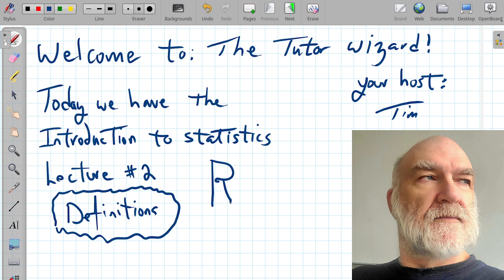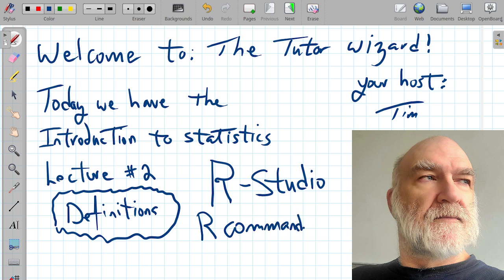Most of the time, they suggest either R Studio, which is a bit more user-friendly, but it's still largely command line driven. There is also R Commander. Now, R Commander is largely coded out of Simon Fraser University.